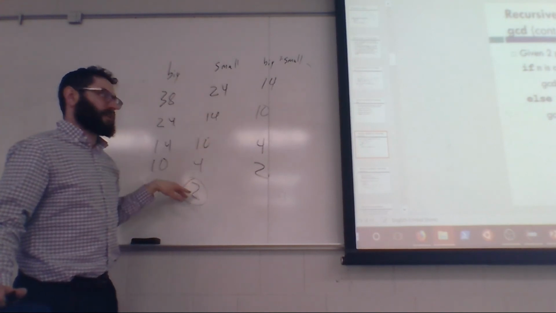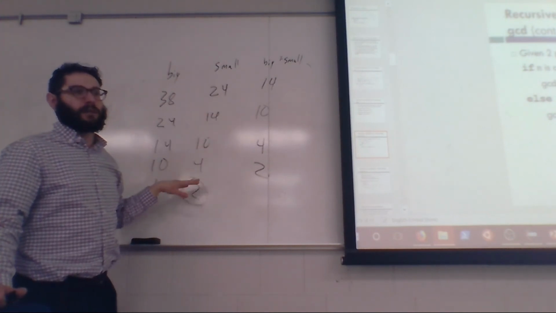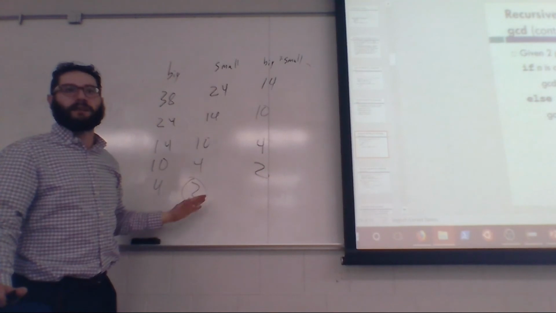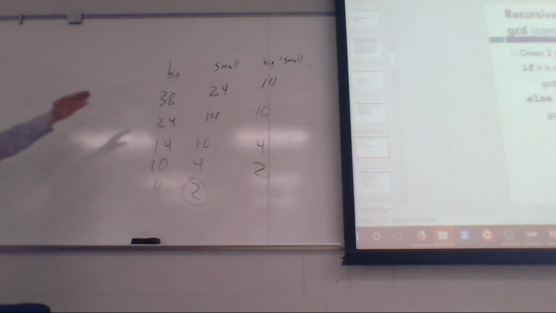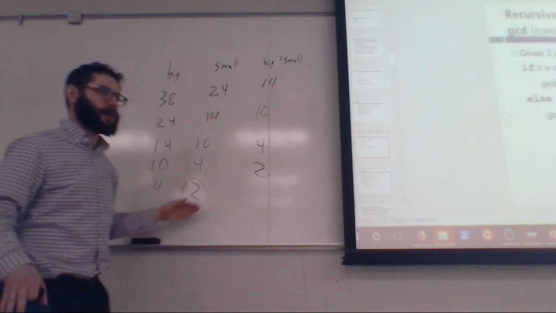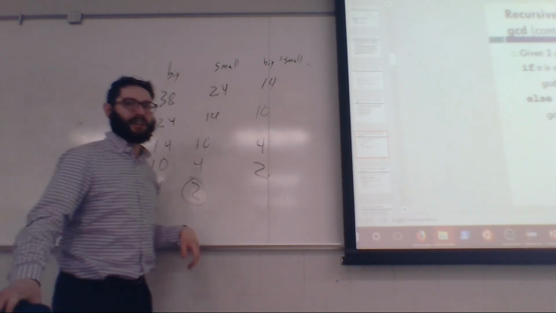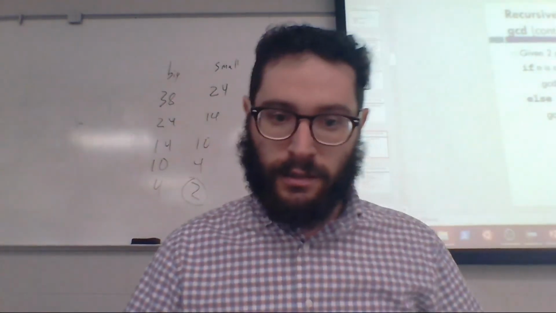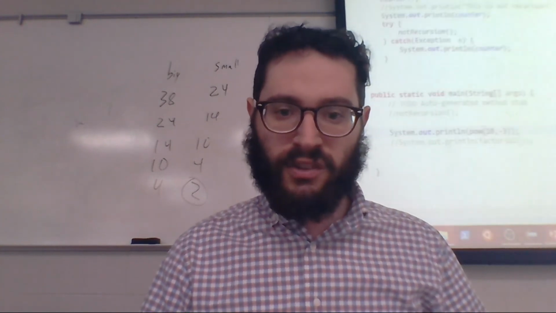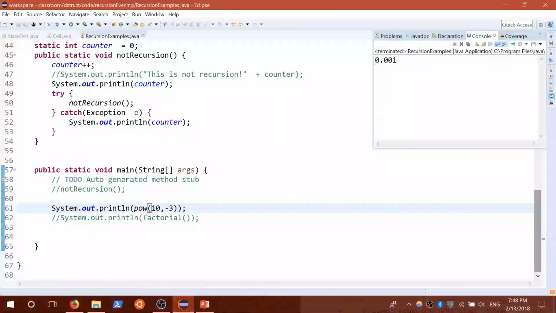They eventually work themselves all the way down to the 1. 1 is the last possible thing we can check, right? Because everything is divisible by 1. So these progressively get smaller and smaller, and if small doesn't divide big, it's eventually going to get to 1. So this will make progress, and it will end. So in other words, since we get to 1, we'll always hit the base case.